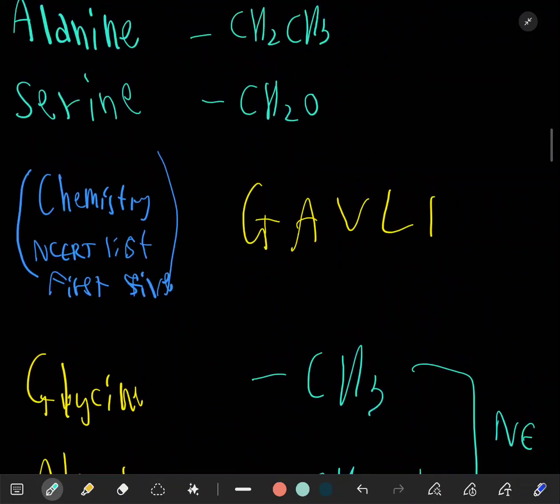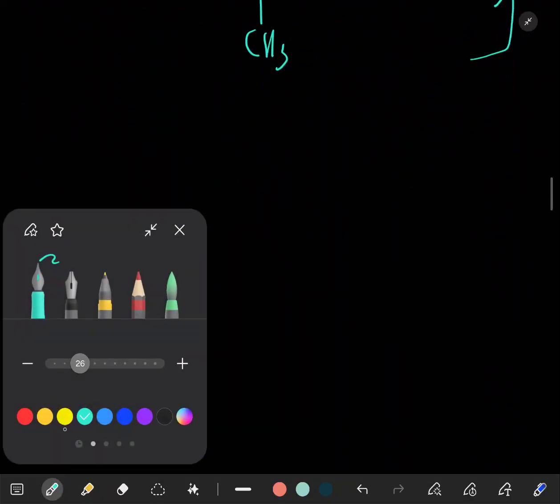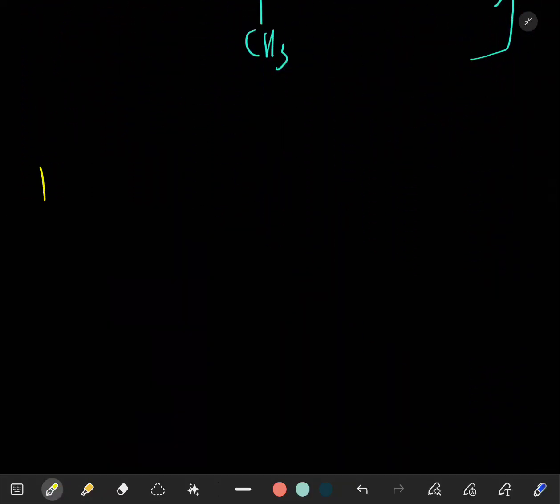Now the other common question which you see in our papers is the types of amino acids. So we have the basic amino acids, then we have acidic amino acids. So yeah, the questions directly come from these. And then the third, wait, there are four, sorry.